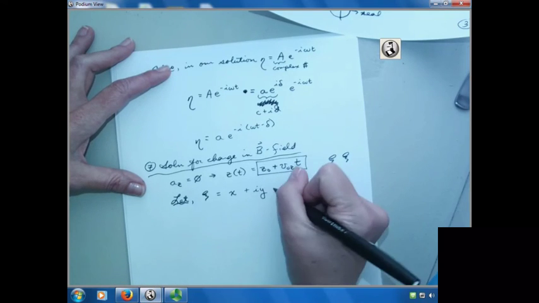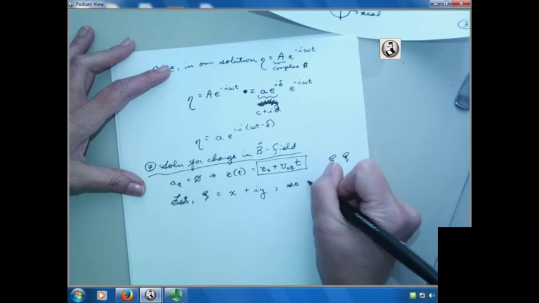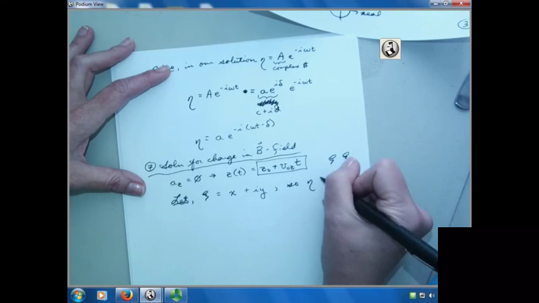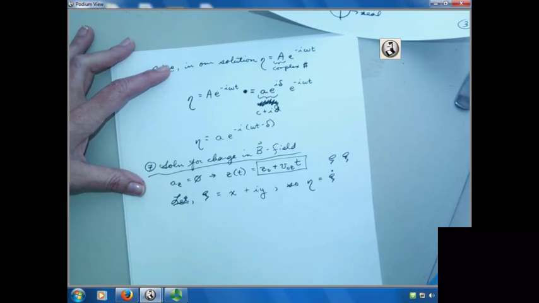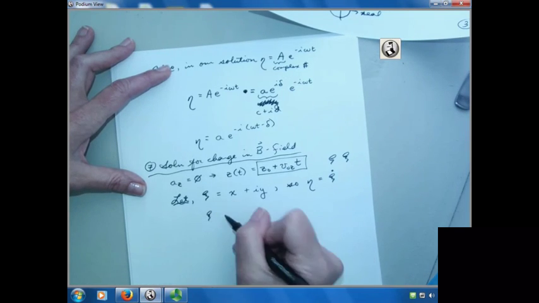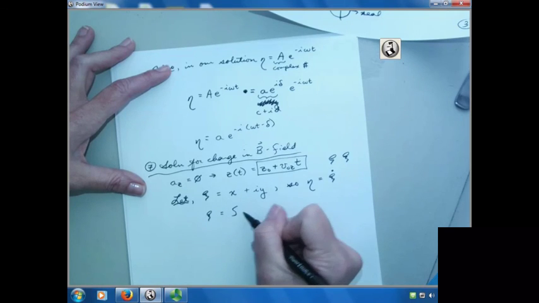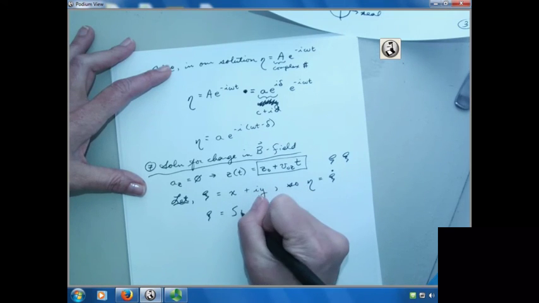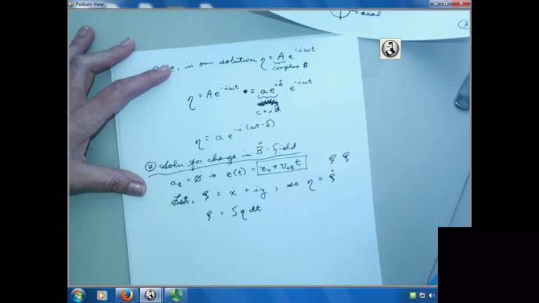And so what that means is that this thing that was called eta is going to be equal to xi dot. So I can find xi because it is equal to the integral of eta with respect to time.